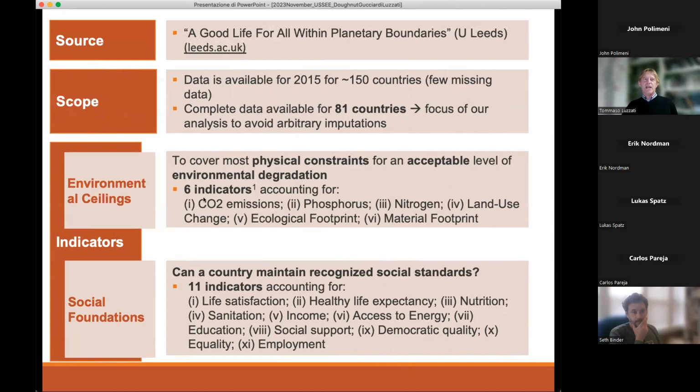So we exactly use their indicators, and we don't discuss the indicators at all, just because of that. And we focused on 81 countries because we don't want to impute missing data. And the year was 2015.